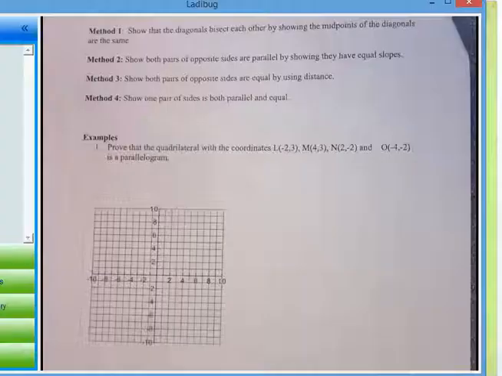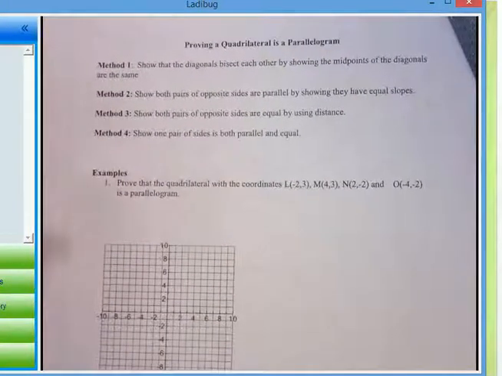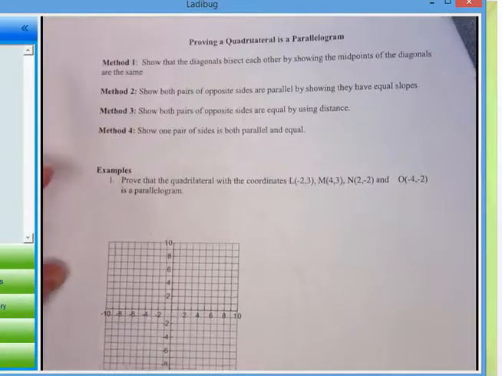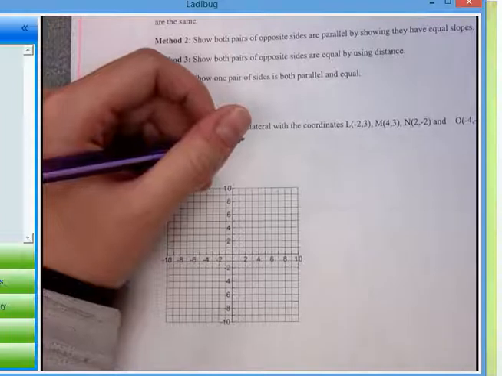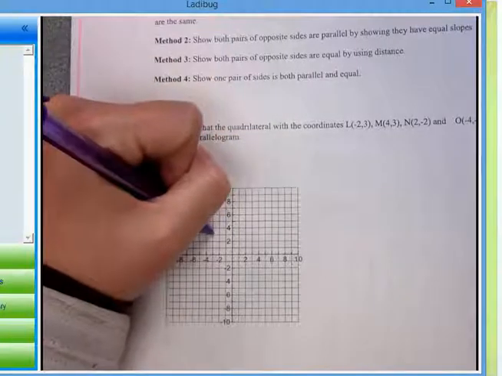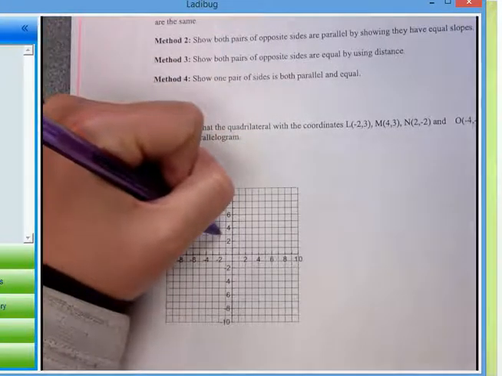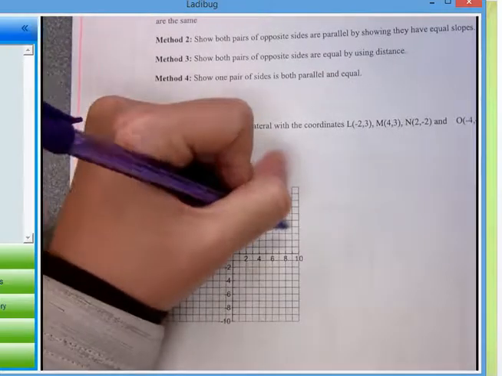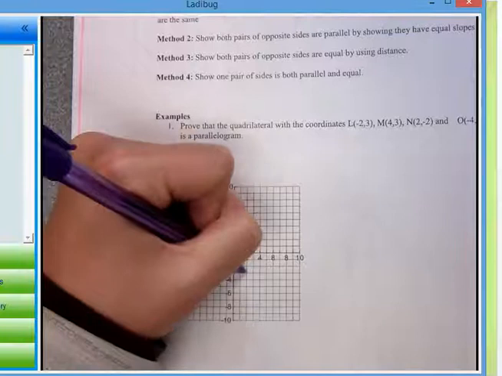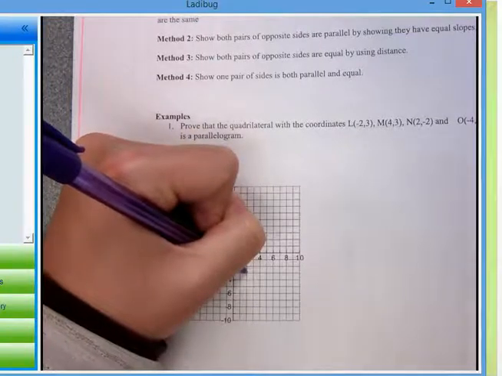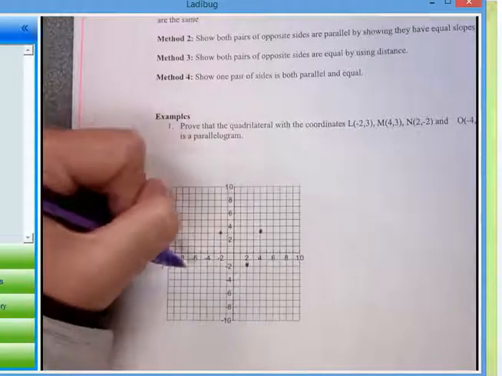Okay? Now we're moving on to page 6 and 7, the last part of the notes. We are on page 6, and it's proving a quadrilateral is a parallelogram. First things first, let's go ahead and plot this shape. So we've got L, M, N, and O. Make sure I plot it correctly.